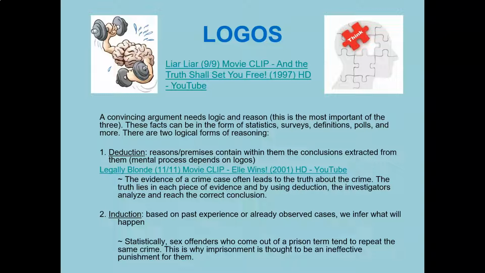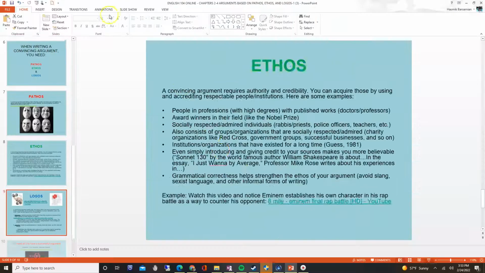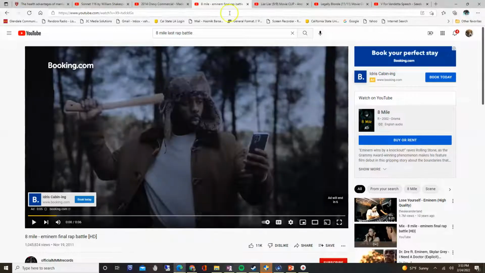Now, again, you're going to notice that in this court scene, Elle suddenly realizes a truth. And she does that by breaking up the case, by looking at it piece by piece, and by seeing the truth inside of each piece, which leads to a logical conclusion. So here is that scene.